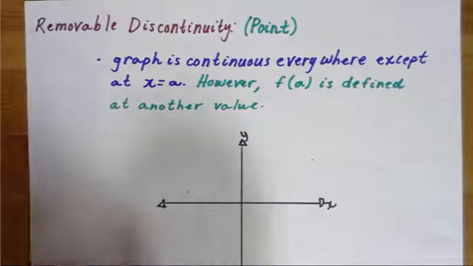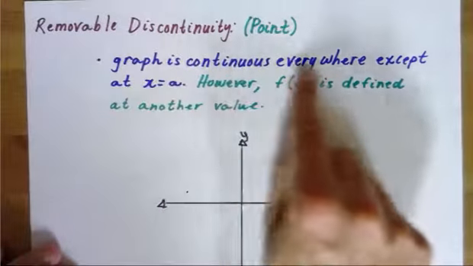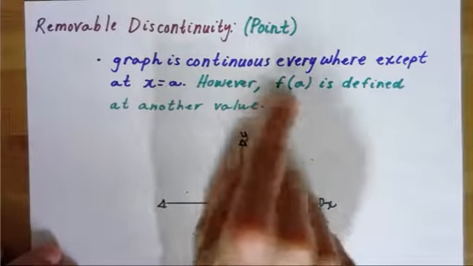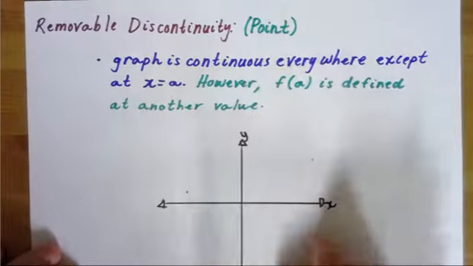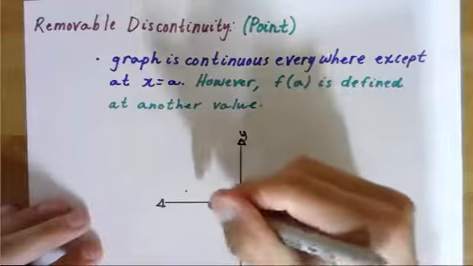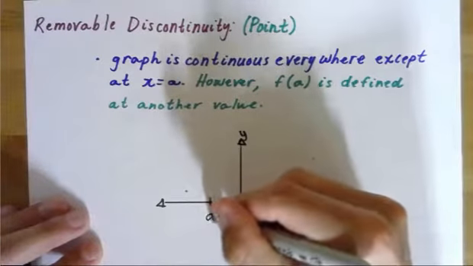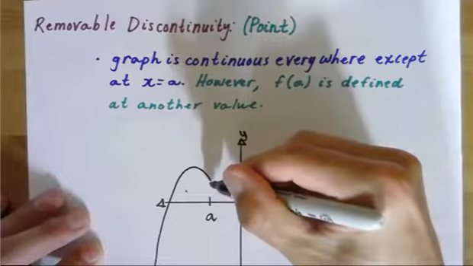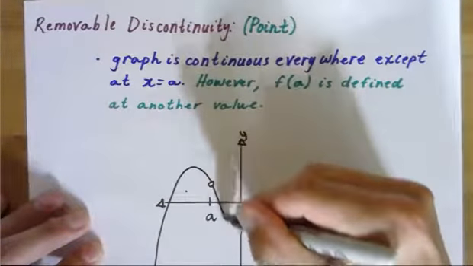The graph is continuous everywhere except at x equals a, the same as the removable discontinuity. However, f of a is defined at another value. So if I have this value at a again, and I go ahead and draw my graph, and I have this hole here like I did last time, it's removable.